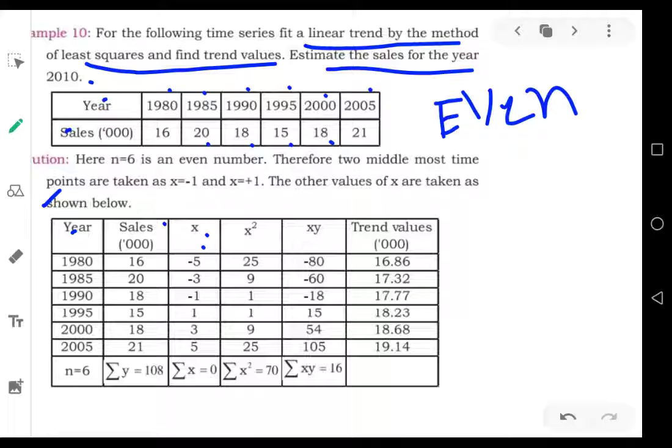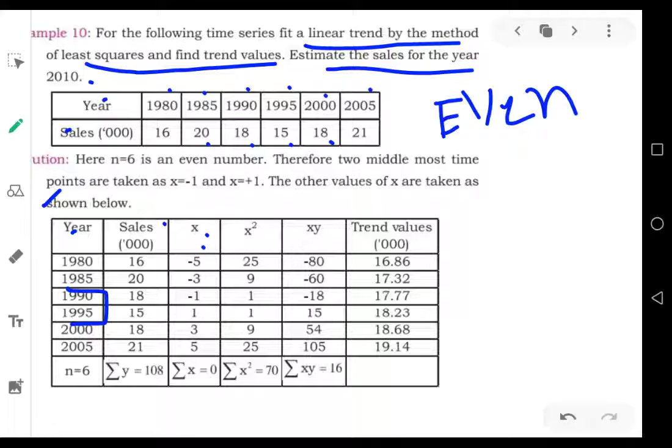When there is an odd number of years, we took 0 for the middle year. When there is an even number of years, we don't get a middle year. So in that case what we are going to do is, you are taking the middle 2 years. When there is an even number of years given in the question, you should take middle 2 years.